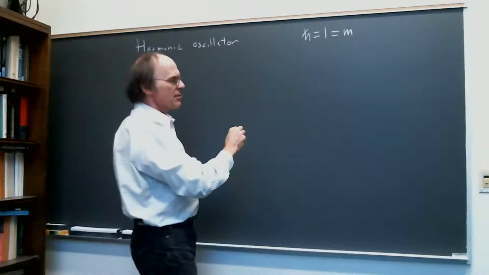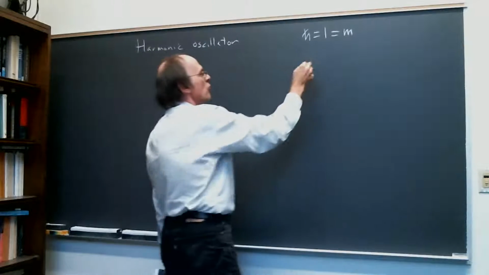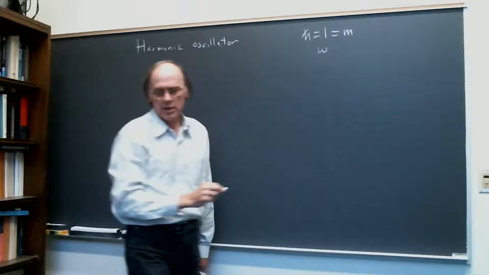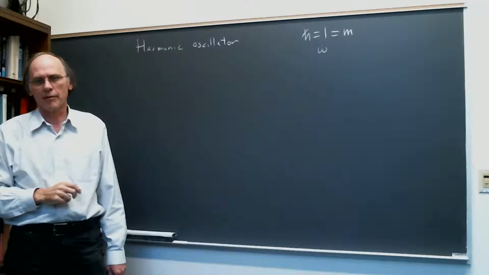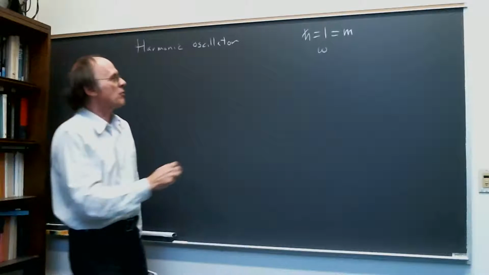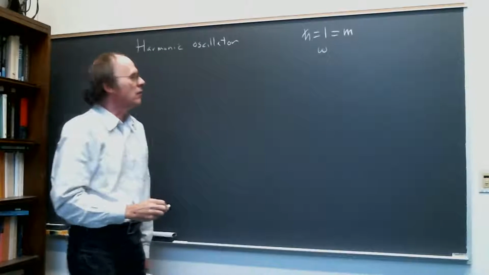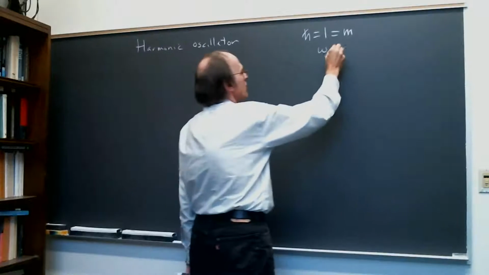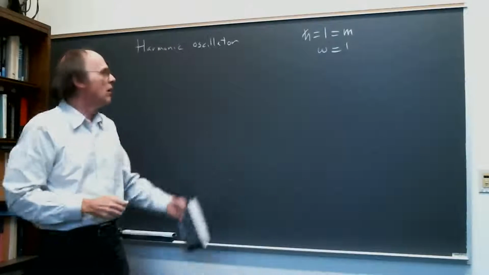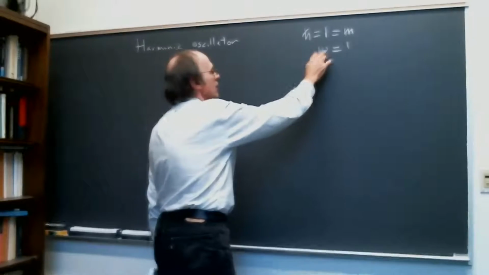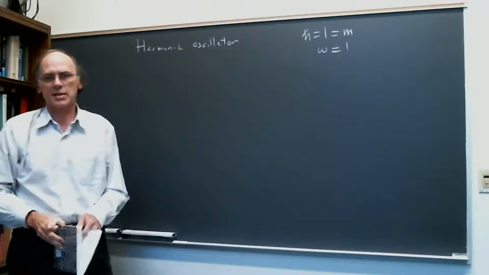Sometimes there's one remaining constant in the problem, which is omega, the fundamental frequency of this problem. I'll often also set that equal to 1. At some points I might want to introduce it so you can see how it appears.